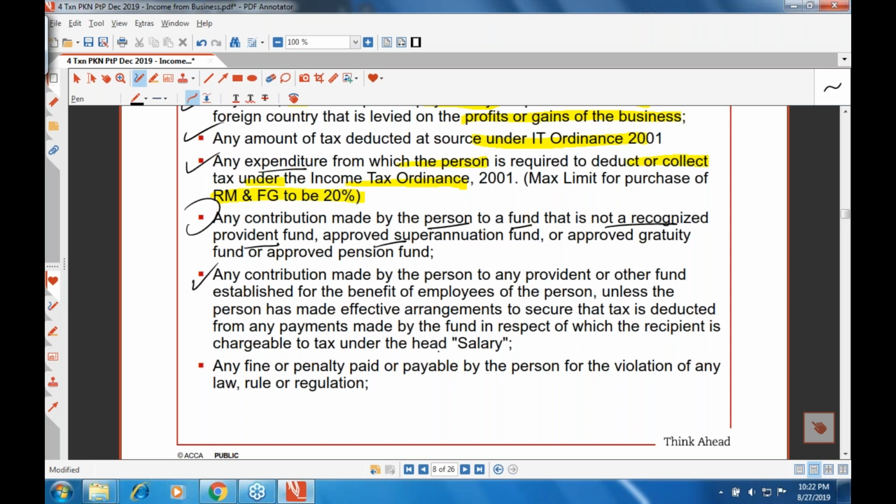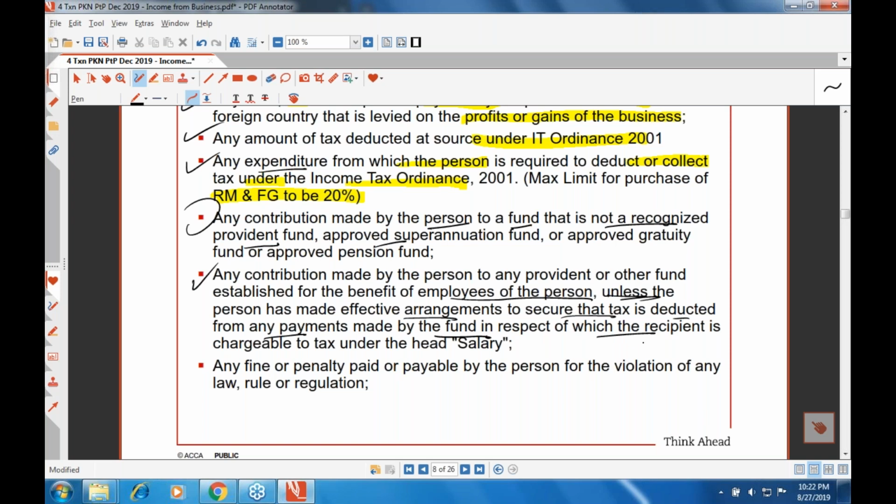Further, any contribution made by a person to a provident fund or other fund established for the benefit of employees of the person, unless the person has made effective arrangements to secure that tax is deducted from any payments made by the fund in respect of which the recipient is chargeable. Now, let's try to understand.